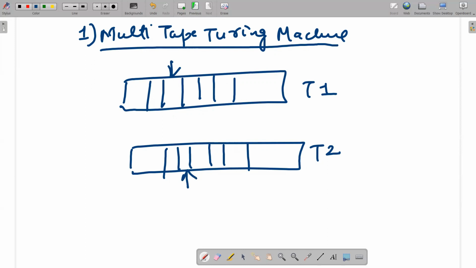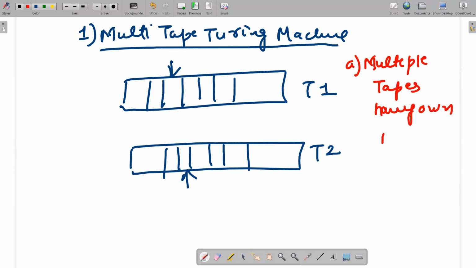So what do we need to understand in the multi-tape Turing machine? It will have multiple tapes, each having its own read and write head. Again, this will also have a transition function.